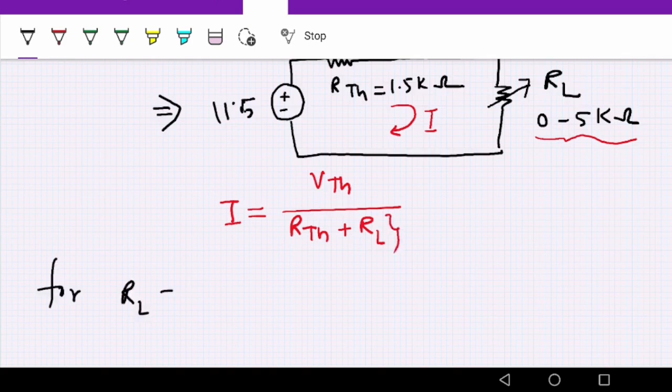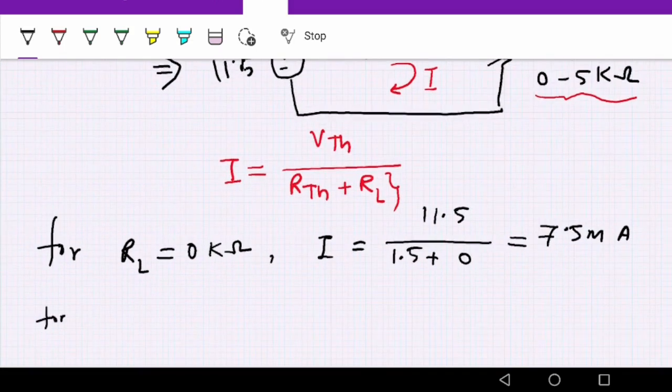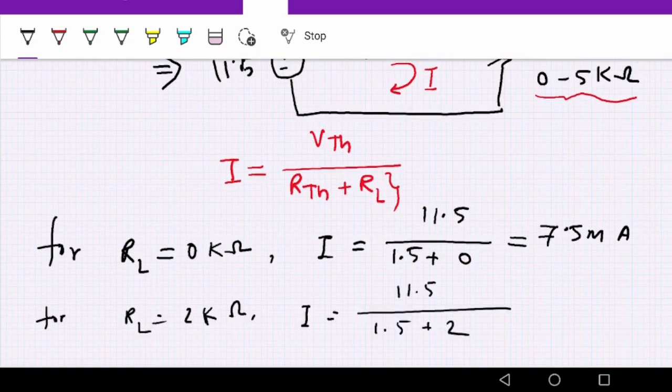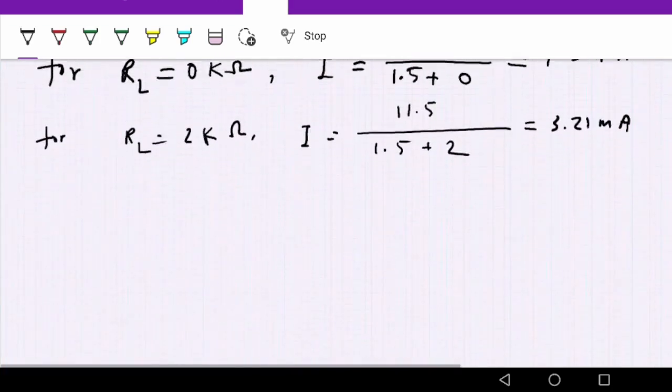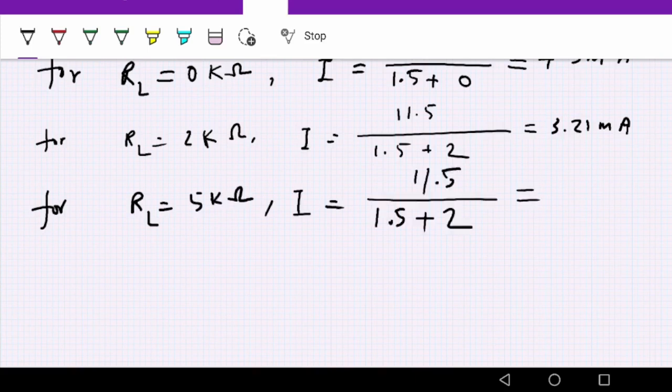For RL equal to 0 kilo ohm, the current comes around 7.5 milliampere. For RL equal to 2 kilo ohm, I equals 11.5 divided by 3.5, so it comes around 3.21 milliampere. And for RL equal to 5 kilo ohm, it comes around 1.73 milliampere.